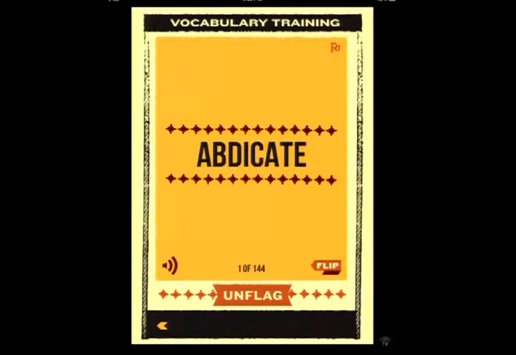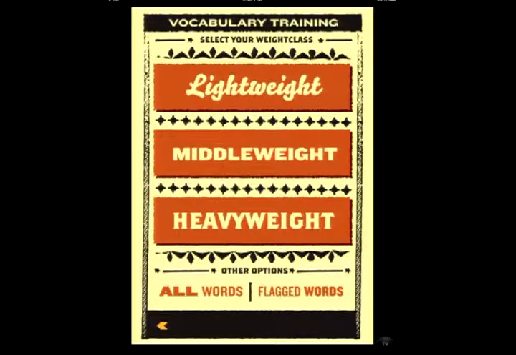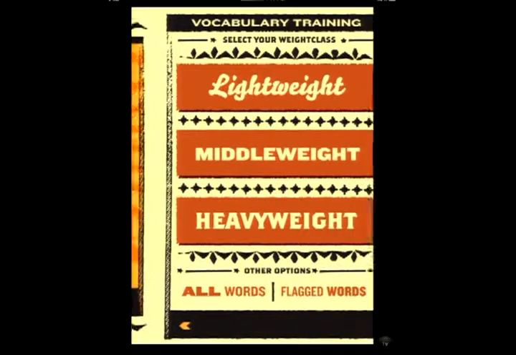I can hear that word. Abdicate. And I'm pretty sure this is a free app. When I flip the card, it has the definition for it. If this is a word I've been struggling with, I can flag it. This one's already flagged. And then it will come up on my list of flagged words down here so that I can practice the words that I'm struggling with.